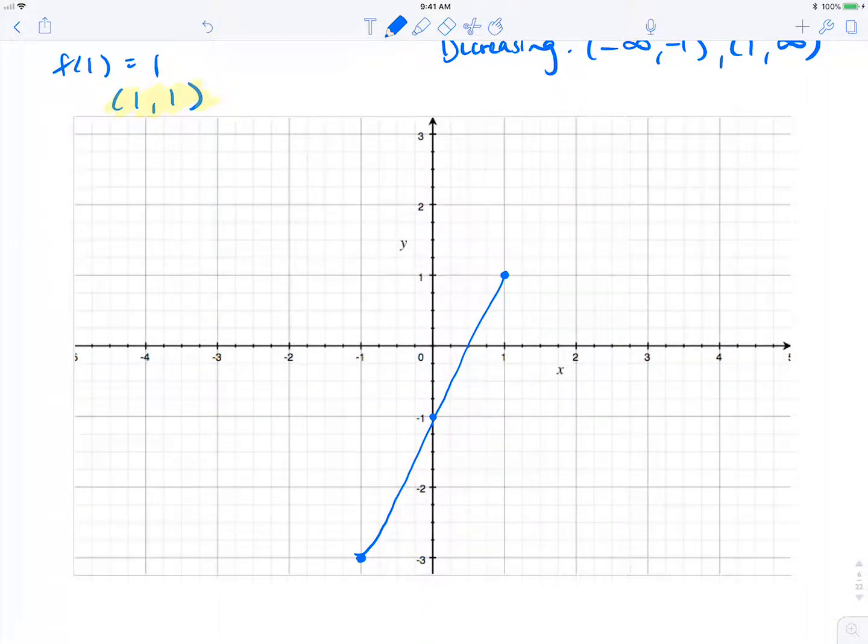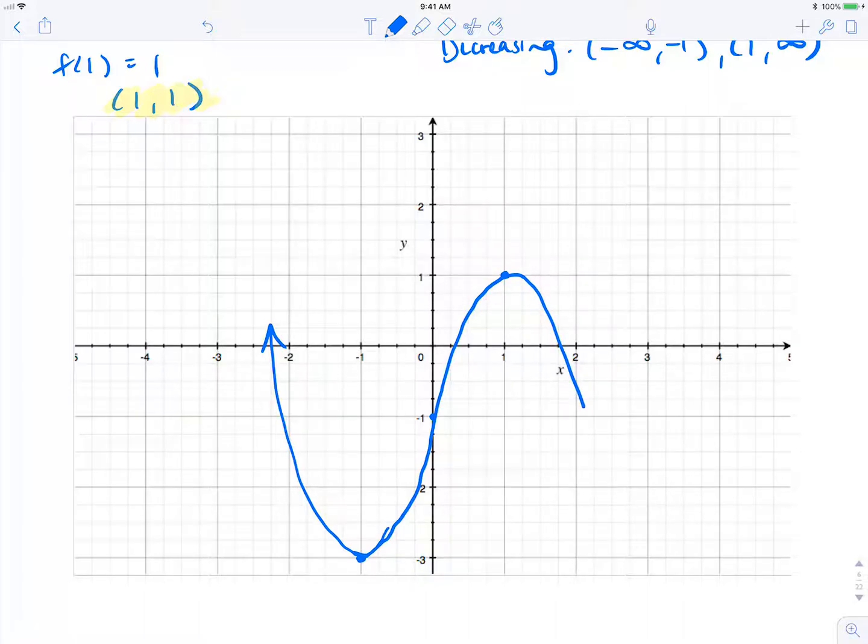Well, decreasing means that it's going to have to kind of come up this way. And this is a polynomial, so there shouldn't be any sharp corners. I should probably make this look a little more rounded, smooth, and continuous. And then the graph is also going to be decreasing from 1 to positive infinity.